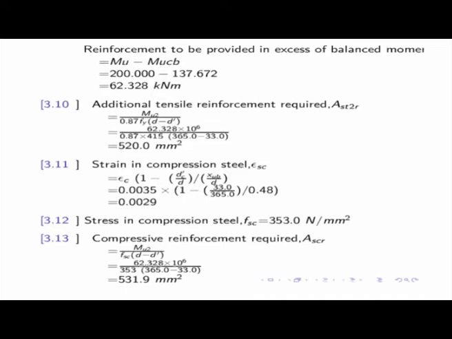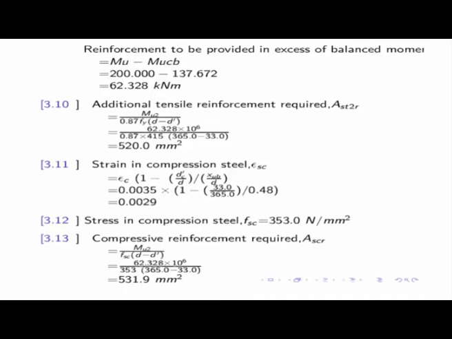Stress in compression steel you can find from the same curve, or in a few books they have given a table also, which I have circulated. There also you will find the stress-strain values given. So you can find the stress in compression steel, fsc, which is 353 Newton per square millimeter, which is less than 0.87 fy.